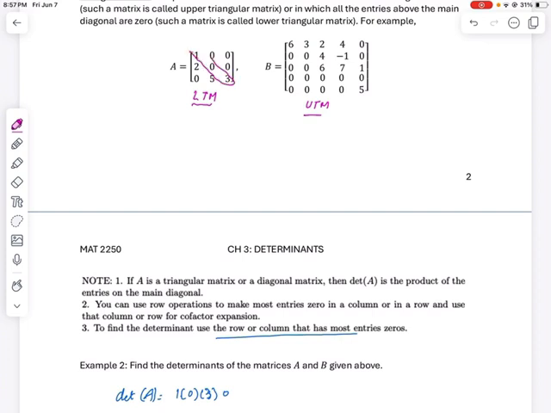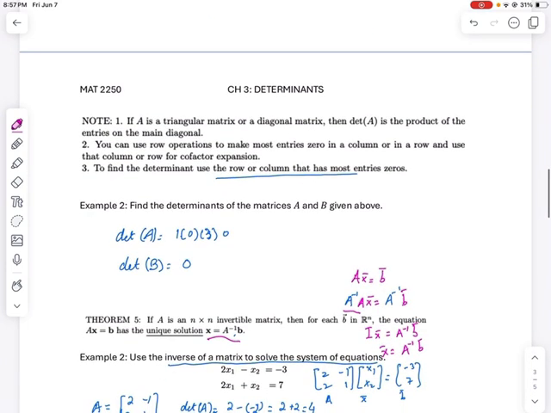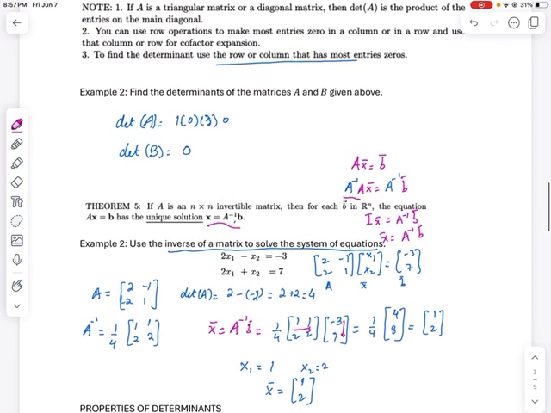So 1 into 0 into 3, so 0. And for this one, 6 into 0 into 6 into 0 into 5, so that will also be 0. So the determinant of this one is 0, and the determinant of A is 0 because of the product of the entries on the diagonal.